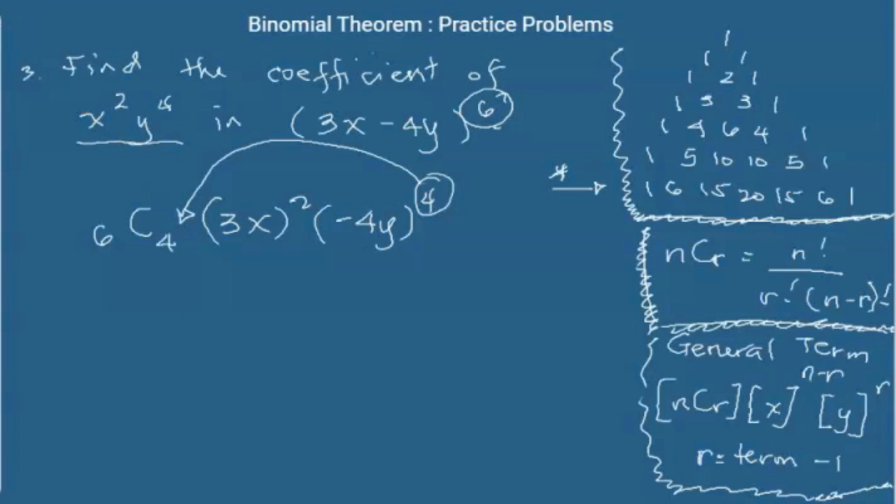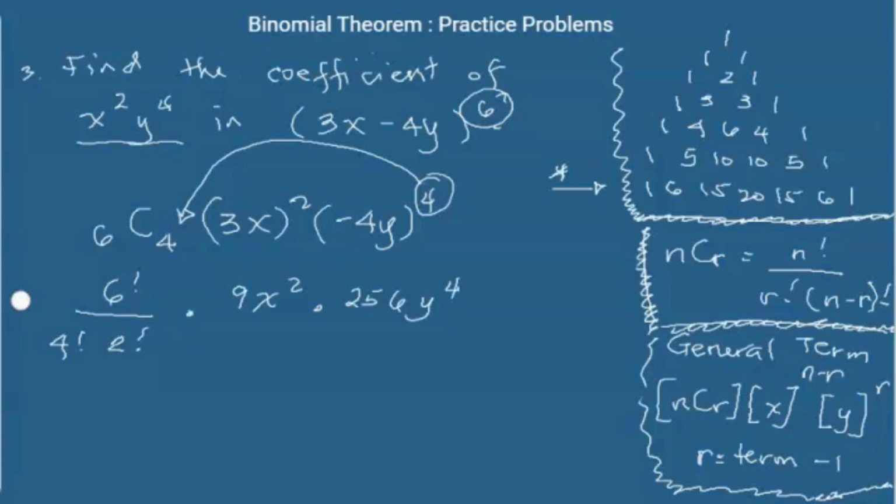Okay, so let's proceed. That's 6 factorial over 4 factorial times (6 minus 4) which is 2 factorial, times 3 times 3 is 9 x squared, times negative 4 to the 4th is positive 256 y to the 4th.